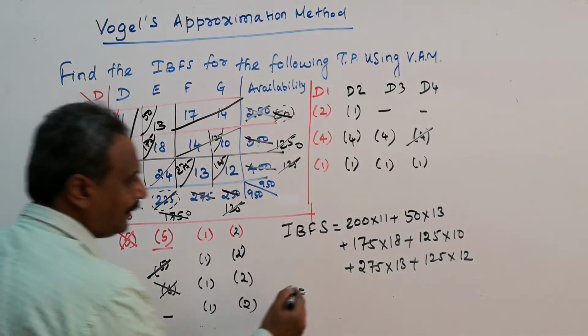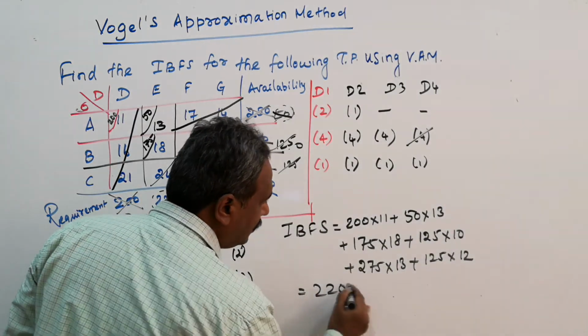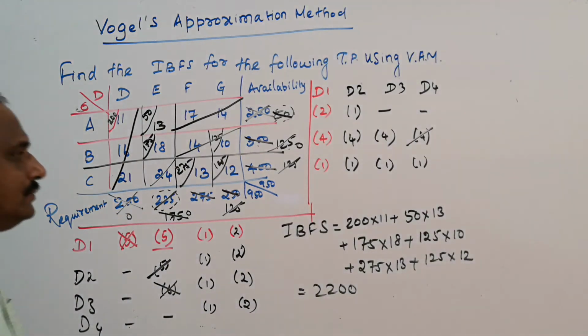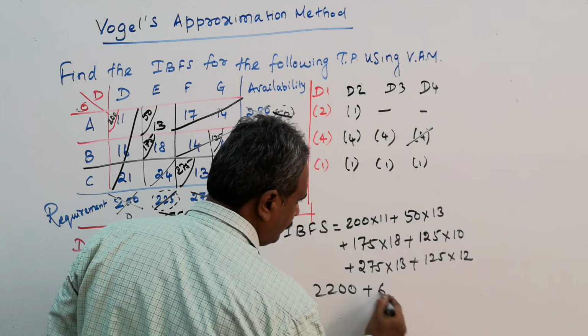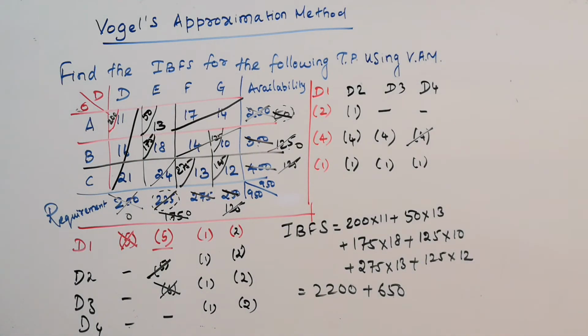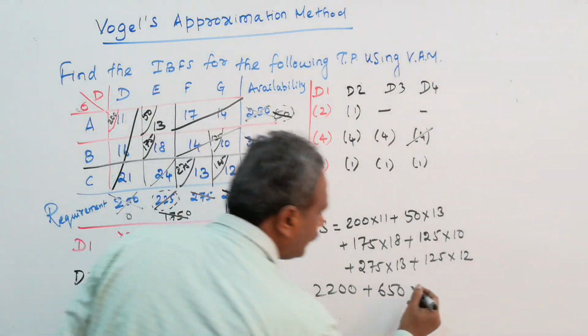So 200 multiply 11, this is 2200. 50 into 13, 650. 175 into 18, 3150.